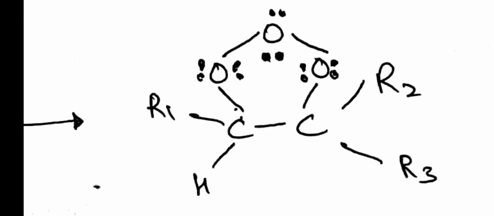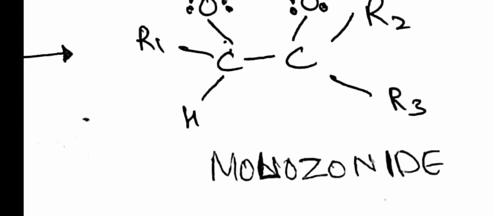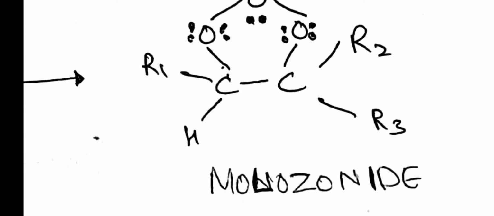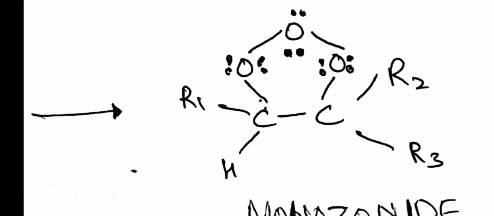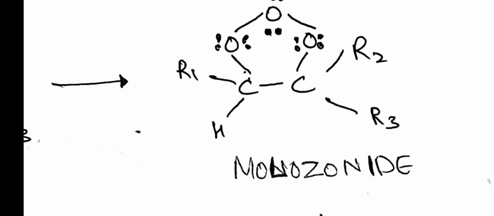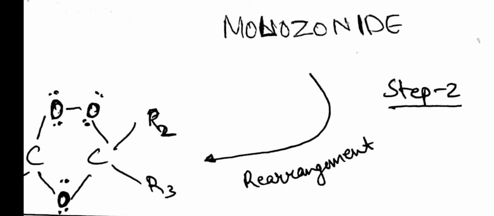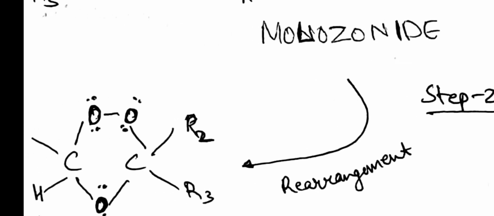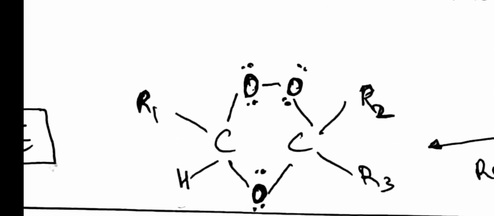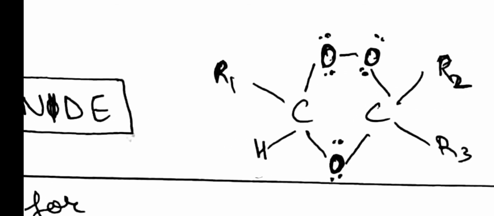From this atom, this was a double bond, and the electrons are transferred, and this structure is called the primary ozonide. This is not a very stable species, and step two is that by rearrangement it becomes this, which is called the secondary ozonide.